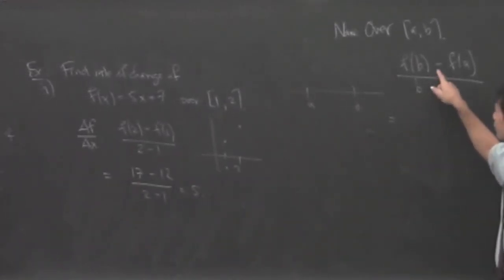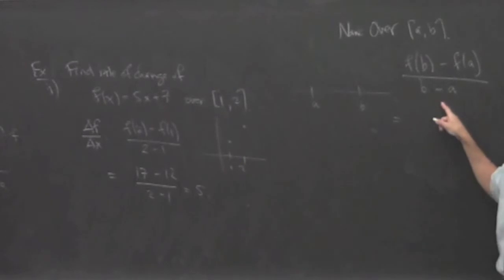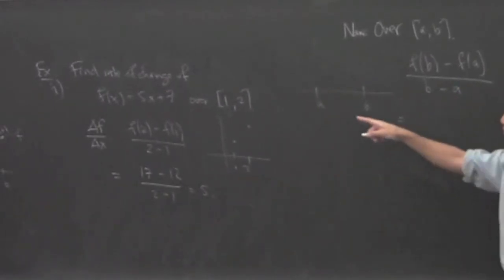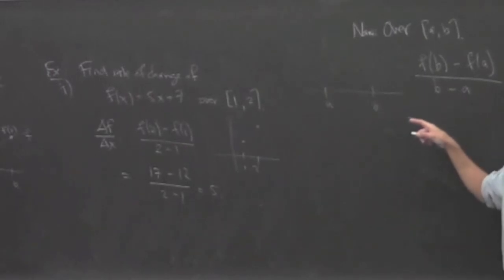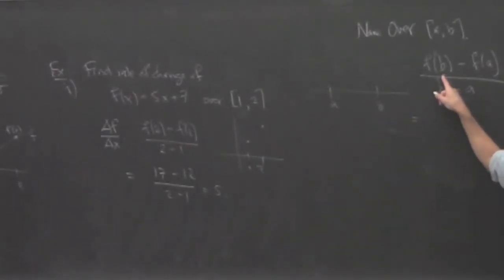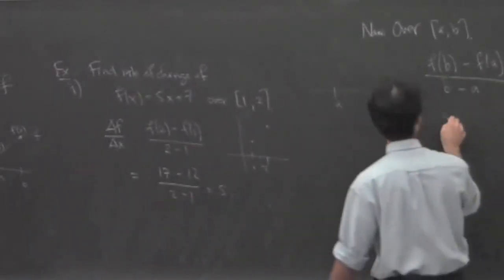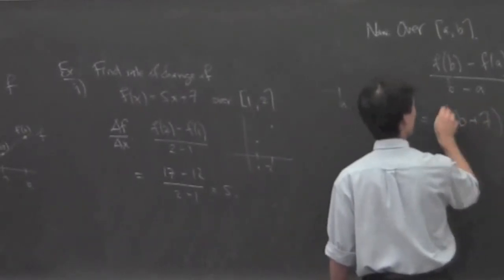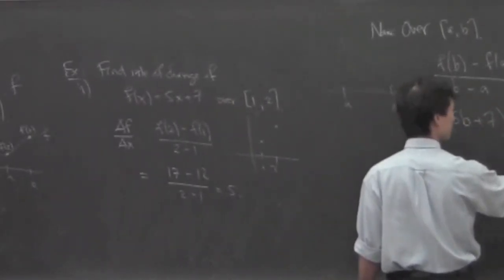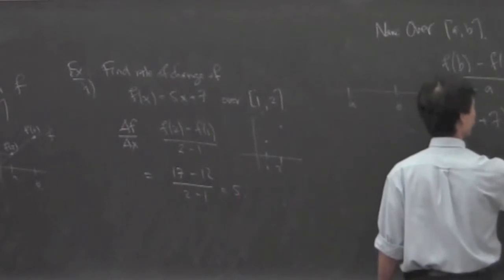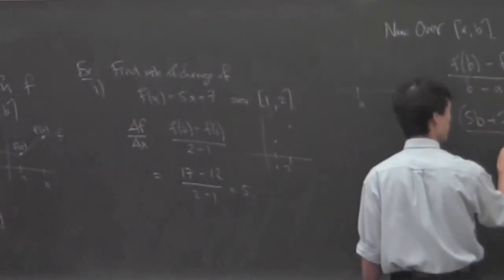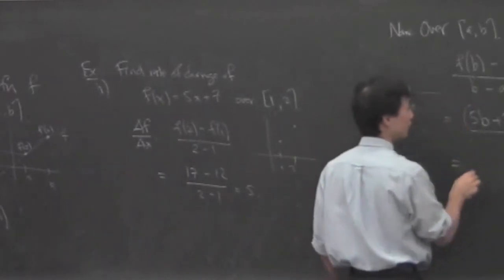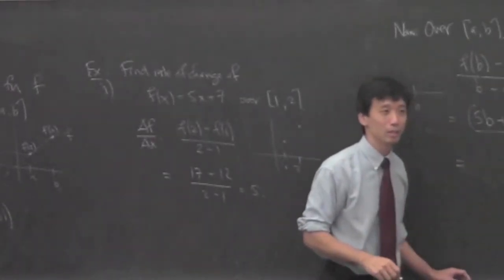The question is, tell me what this is. What's f of b? Same function, 5x plus 7. So f of b is 5b plus 7, and f of a is 5a plus 7. And we divide by b minus a. And you see what happens, right?